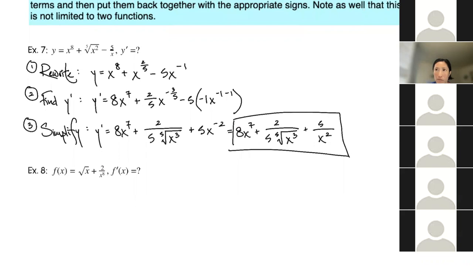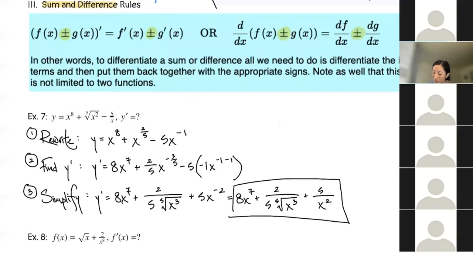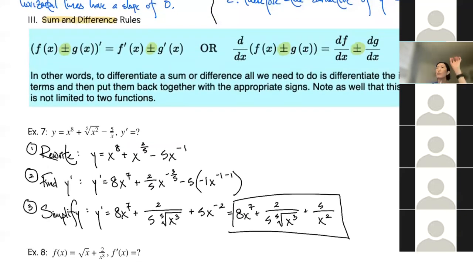Could you have just chosen to do that on the x to the 8 or the x to the 2/5 instead? Oh, we did it on all of them. Oh, I do see that. I'm sorry. Nope, you're absolutely fine. So that is the whole idea behind the sum and difference rule. You can just do each one as sort of a mini problem and then string them all together. Okay, thanks for clarifying. Of course.